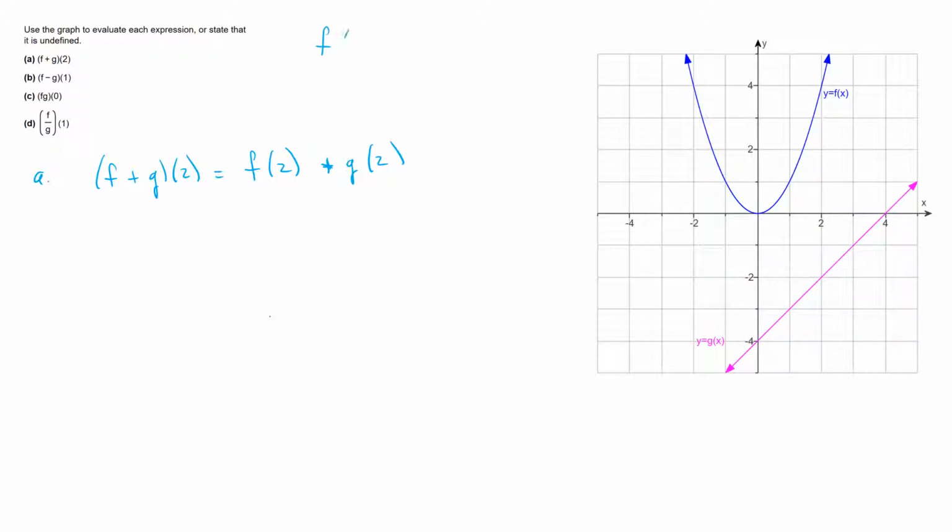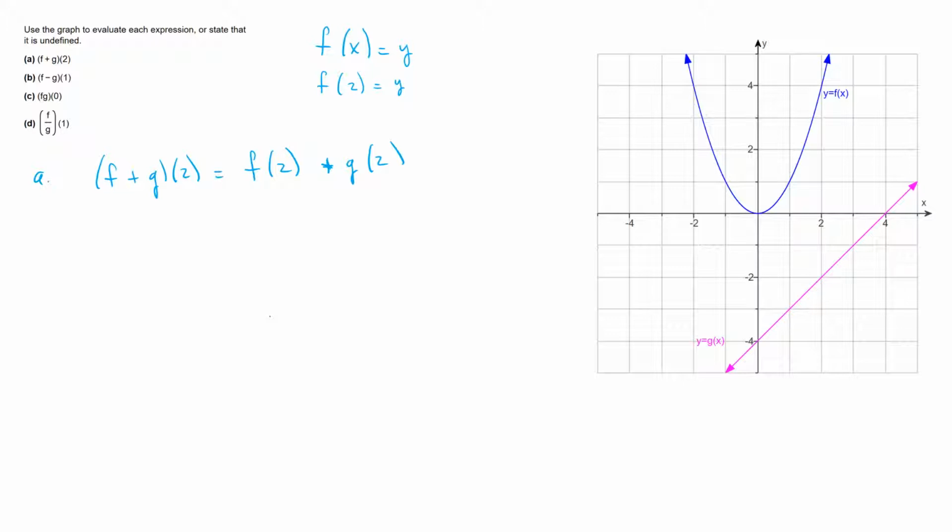Keep in mind that f of x is equal to y. So when we're being asked to find f of 2, it's basically saying if x equals 2, then what's the y coordinate?